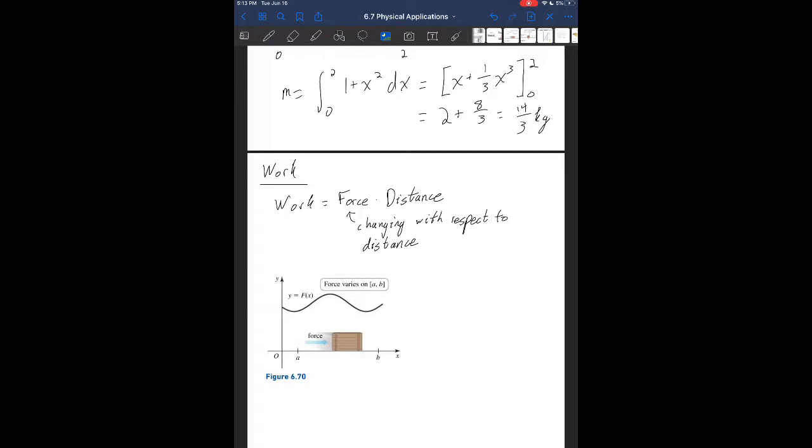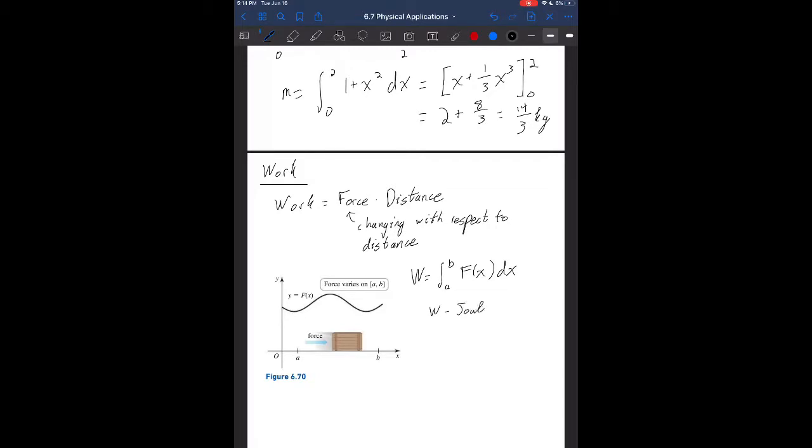So very similar to our mass function, actually, we have an integral function for work, as work being the integral from A to B of our force function, force of x dx. So often the units for this, and I think all of the units in the problems I assigned for this, for work are in joules.